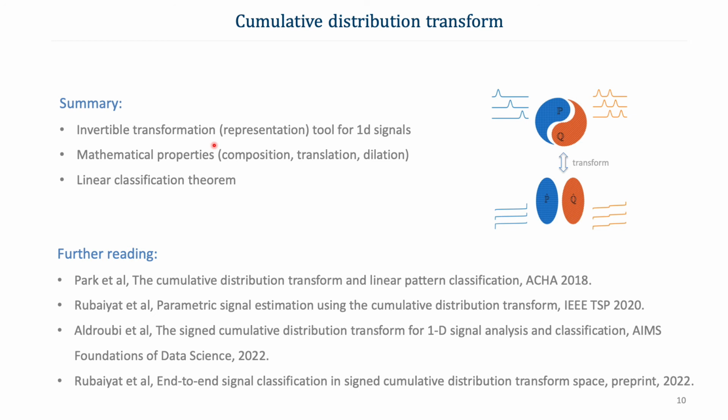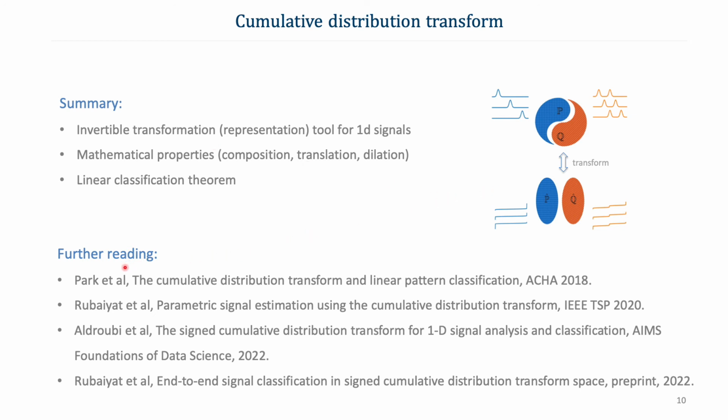It has mathematical properties, just like the Fourier transform has translation, dilation properties, etc. This has a composition property, which can also be formulated as translation and dilation specifically. And we also discussed a convexity and linear classification theorem. And this picture summarizes this linear classification theorem.